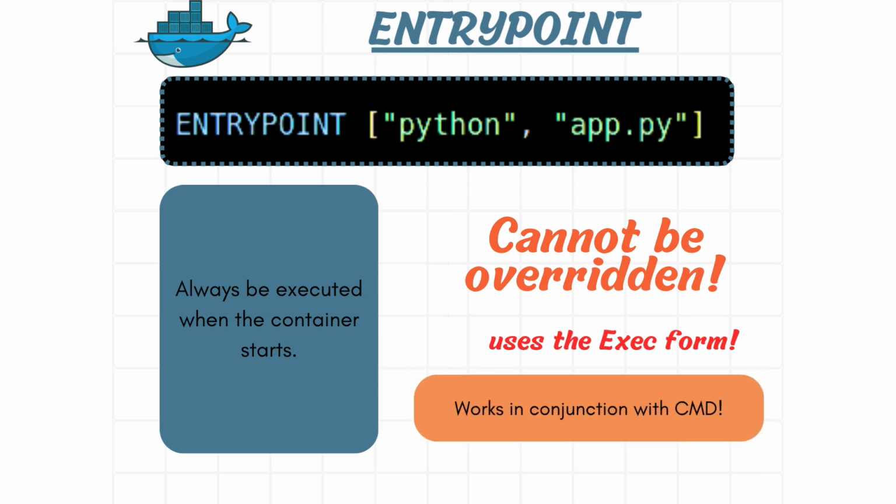When both are specified, the command in CMD provides default arguments passed to the command specified by ENTRYPOINT, allowing flexible yet consistent entry points for our application. In summary, ENTRYPOINT, Python, app.py, ensures that our Python application always executes when the container starts, making it predictable, reliable, and easy to manage.